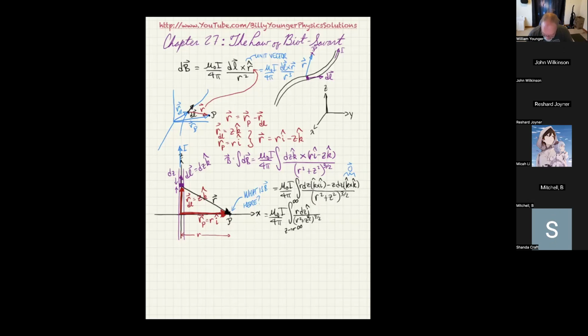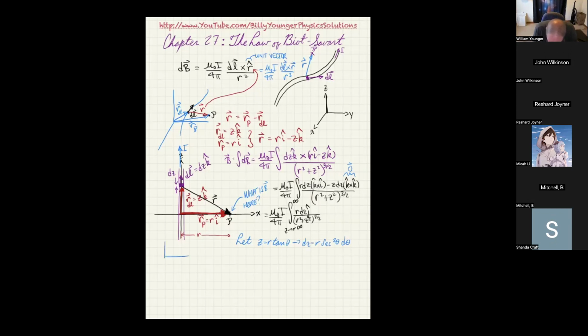And that seems like a nightmare, of course, but it's really not too bad, because I'm going to say, let z equal r tangent theta, which implies dz equals r secant squared theta d theta, and z equals r tangent theta also can help you by looking at it this way.